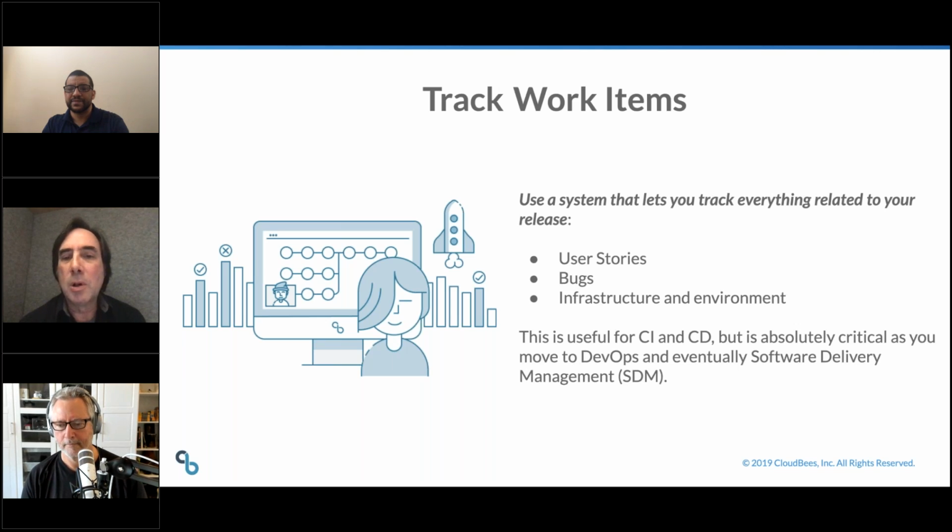This is really crucial for CI and CD as you move forward to DevOps and eventually SDM. I do want to stress this should be a tool accessible to everyone, something like Jira, which I'm sure many of you are using. This should not be an Excel spreadsheet. This should not be Post-it notes stuck to the side of your monitor. This needs to be something electronic and accessible to everyone across your organization.